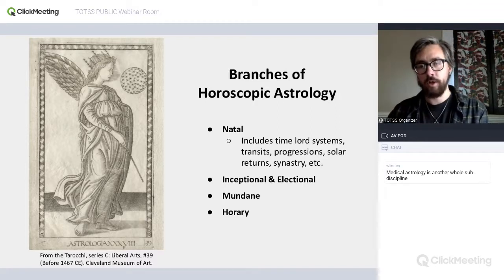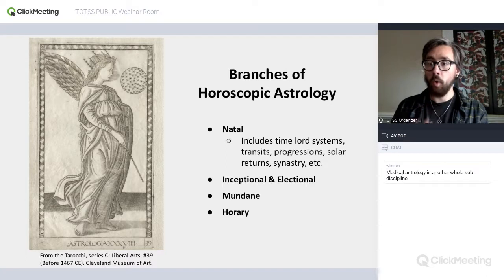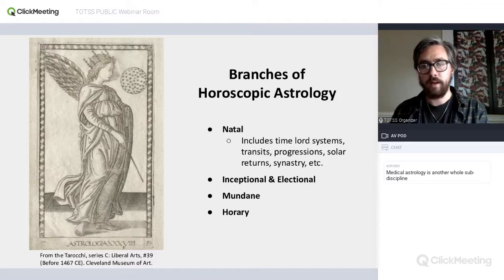And then the astrologer basically, I'm simplifying a little bit, casts a chart for the moment that question is asked, and then uses a particular set of interpretive rules to decide the answer to that, often a yes or no sort of question. That's all horary astrology. All right, and then the image you see there on the left is from the Tarot. That's a personification of astrology there.